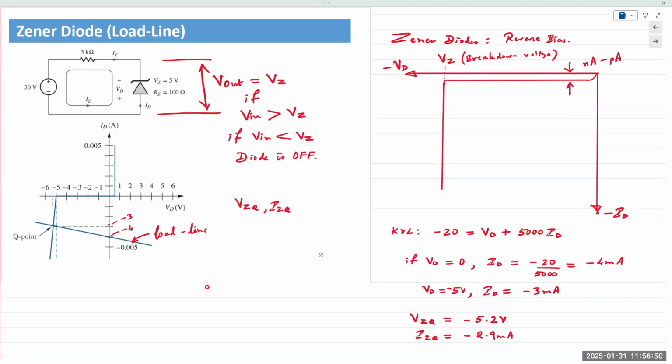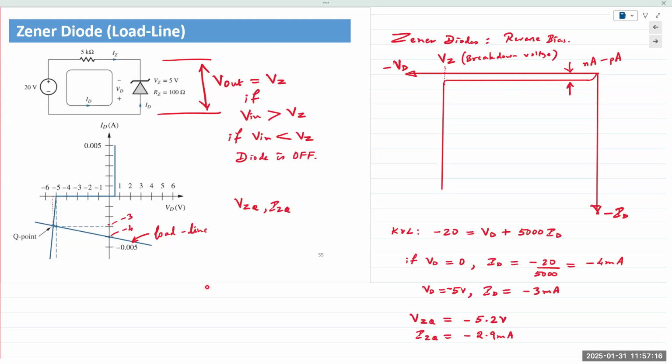And so it doesn't conduct until its breakdown voltage, then it turns on and remains a near vertical straight line. This is exaggerated. The voltage does not change that much. Okay, it's almost like a sharp drop, almost as close to ideal as possible.